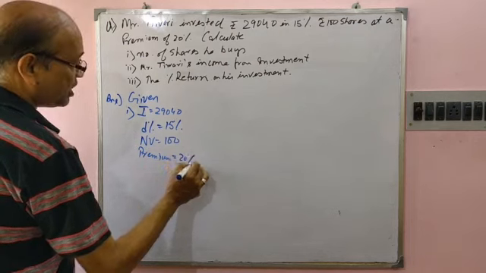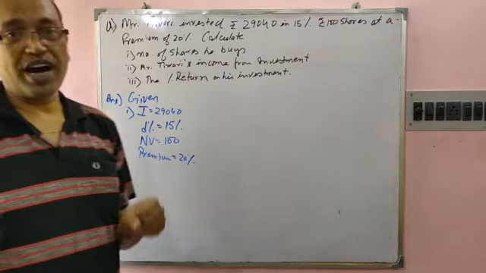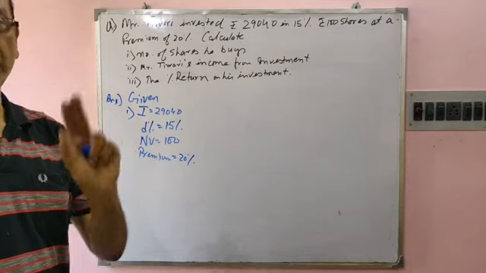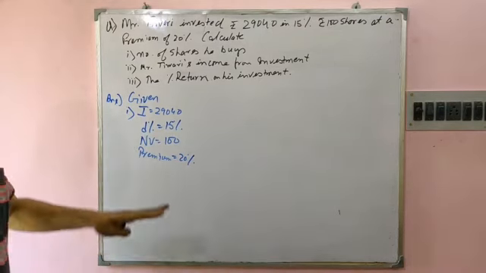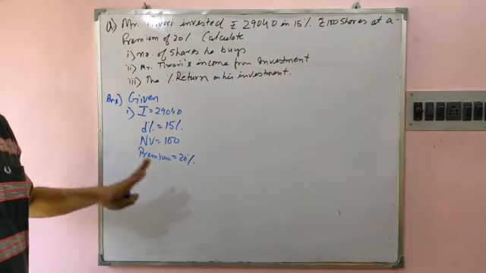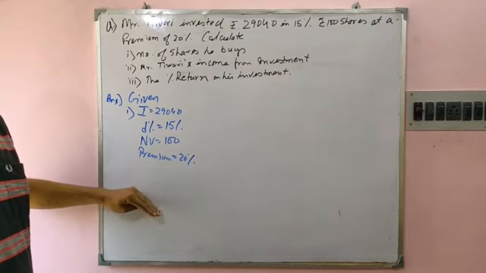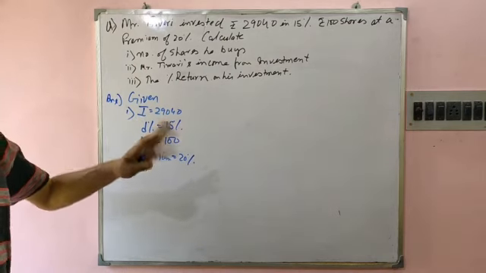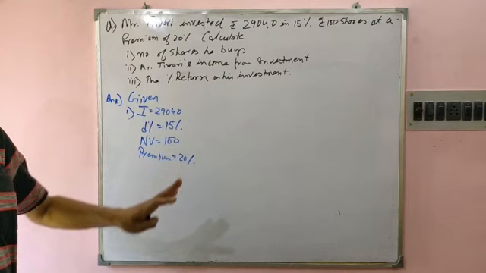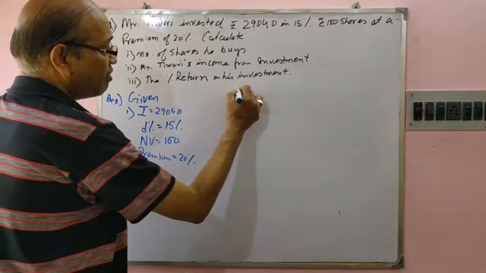is 20%. Now whenever this word premium comes or discount comes or they say at par, we always have to find the market value, because market value is always related with premium, discount, par, below par, above par, that way. So what is the market value?